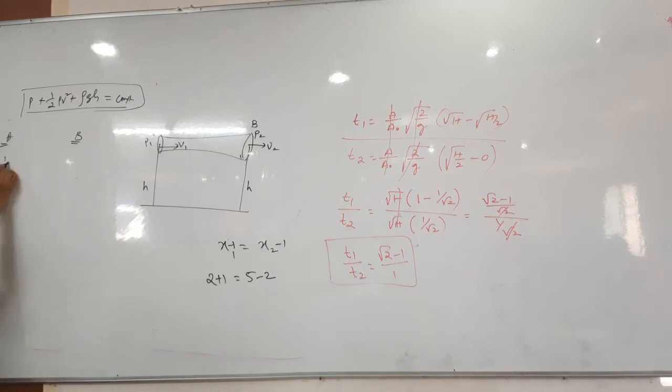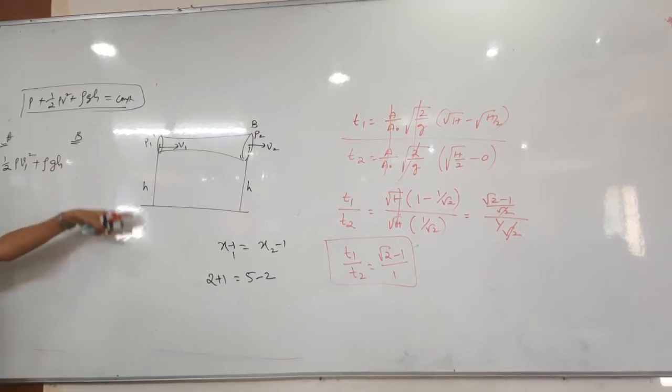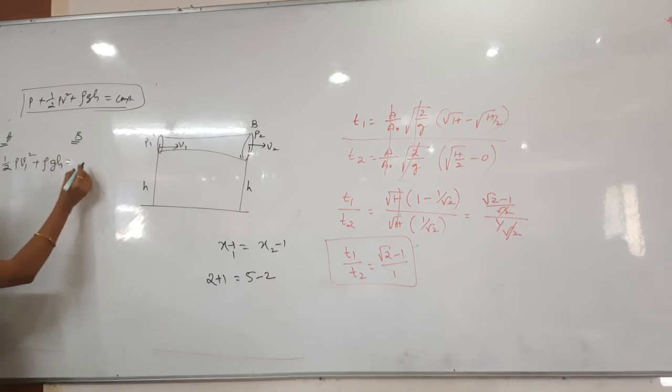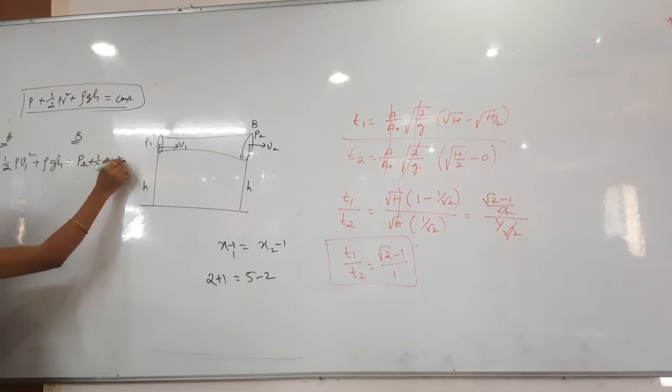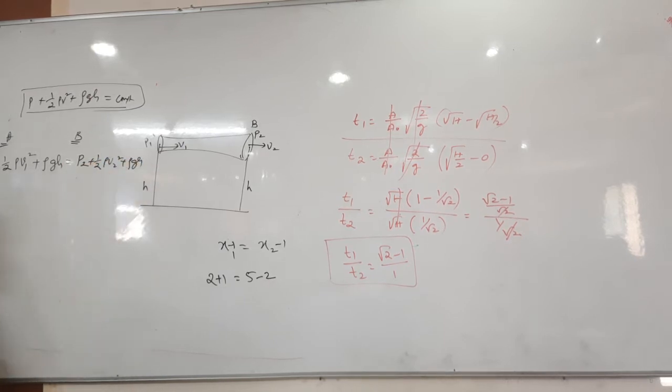P1 plus half rho V1 square plus rho gh, that is the height of the point we have taken there. That is equal to, at B, P2 plus half rho V2 square plus rho gh again. Now rho gh gets cancelled here.